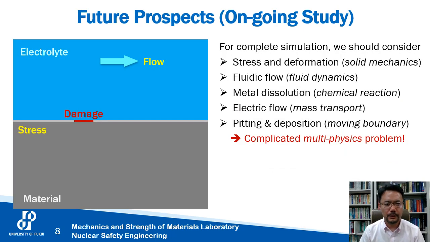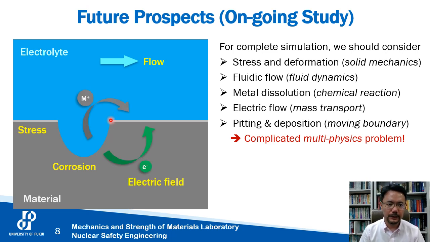Finally, I talk about future prospects. Now we can evaluate the current density around the damage induced by the stress or deformation. So now we have the current density distribution on the surface. So the next step is to trim the surface according to the current density distribution. So this expresses the pitting corrosion.